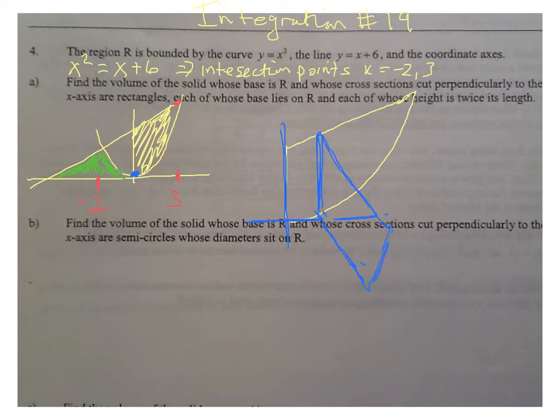Now, if you notice, I have made the rectangle longer as it comes out towards you than it is on the base between the two curves. The reason I did that is the height of the rectangle is supposed to be twice its length, and its length, its base, is defined between the two curves.